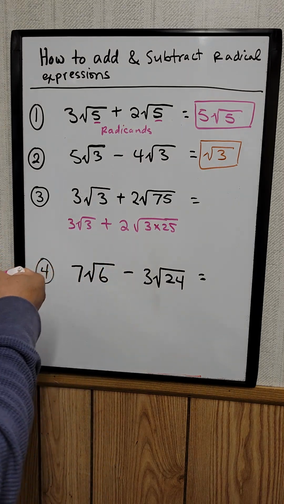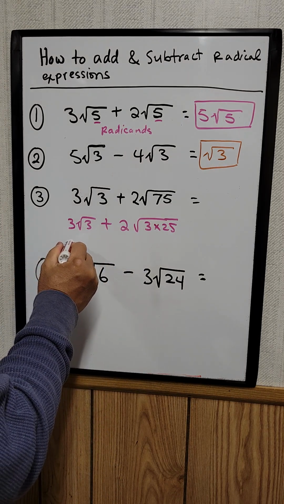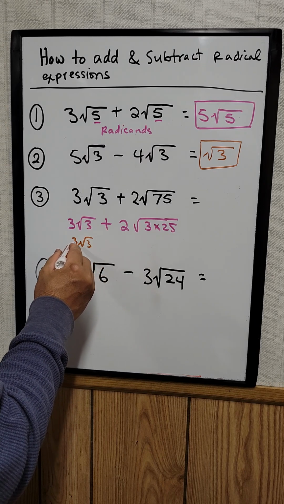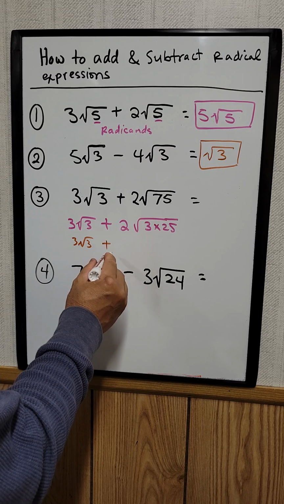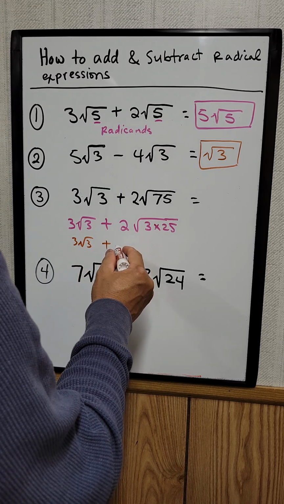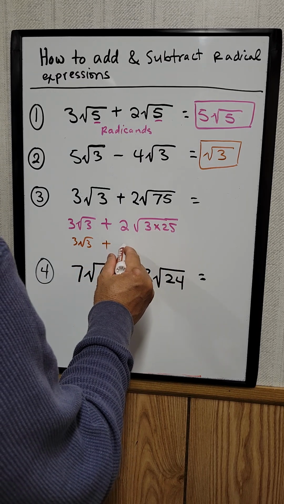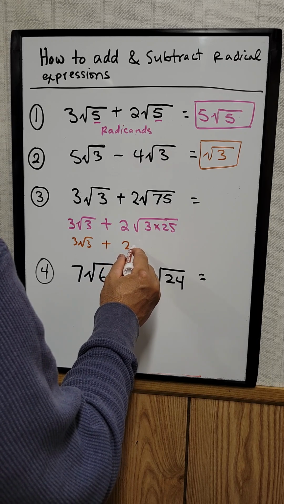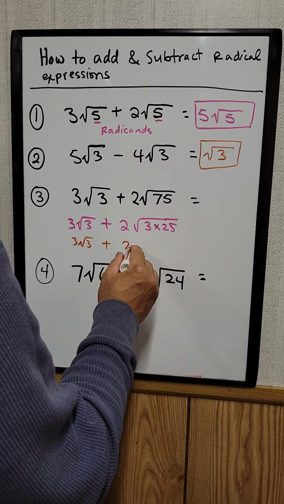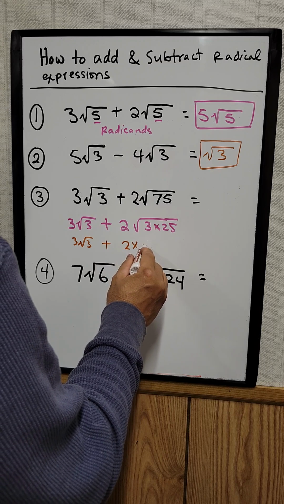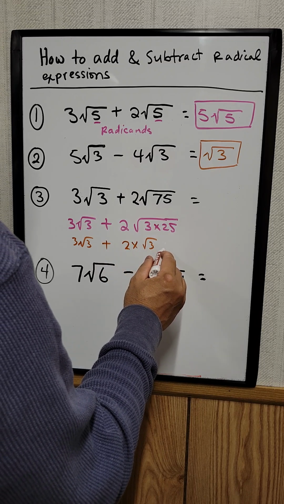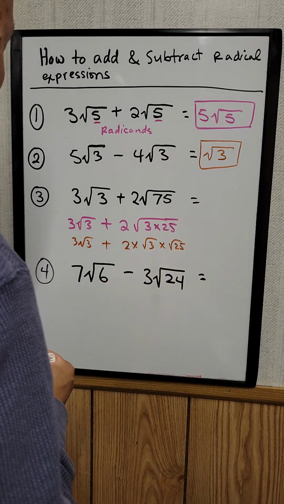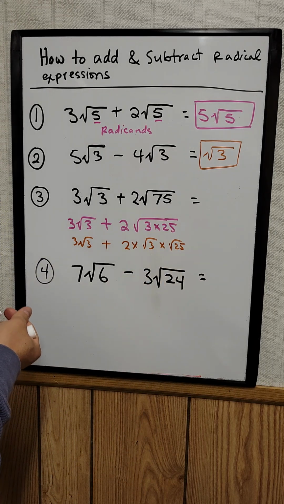And then we can break this down again. We say the square root of 3 times the square root of 25.